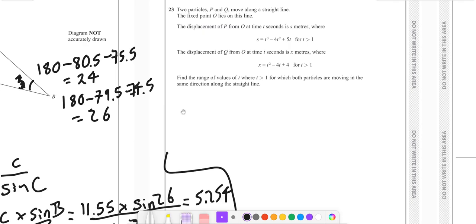So for this one, the velocity is 3t squared minus 8t plus 5. So that's the velocity of P. And then the velocity of Q is 2t minus 4.